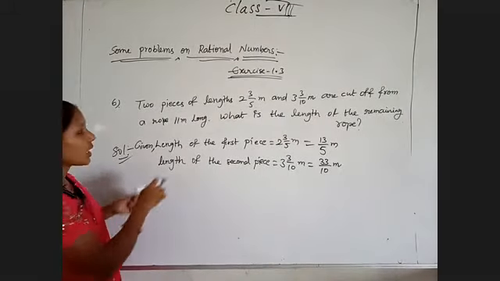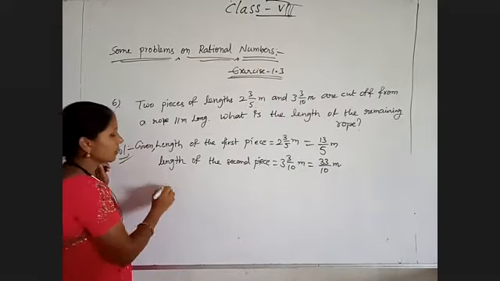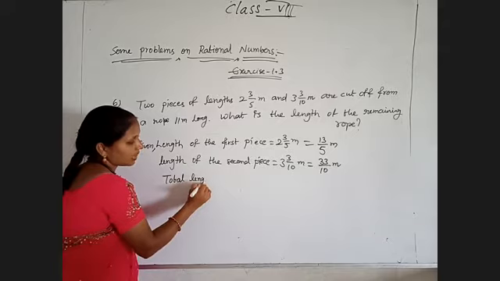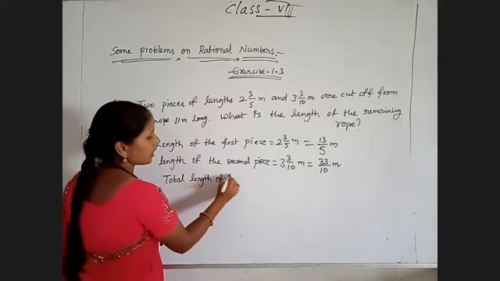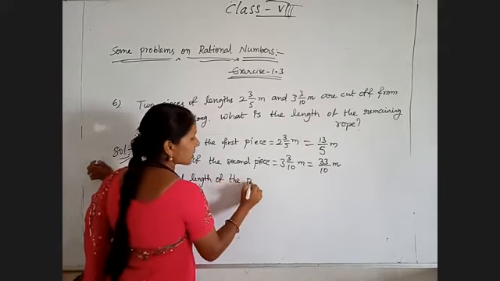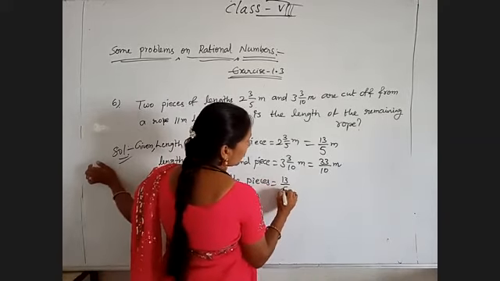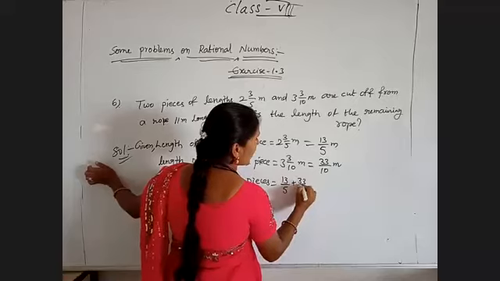Okay, now coming to the total length of the rope. Otherwise, total length of the pieces find out first. Total length of the pieces is equal to 13/5 plus 33/10.